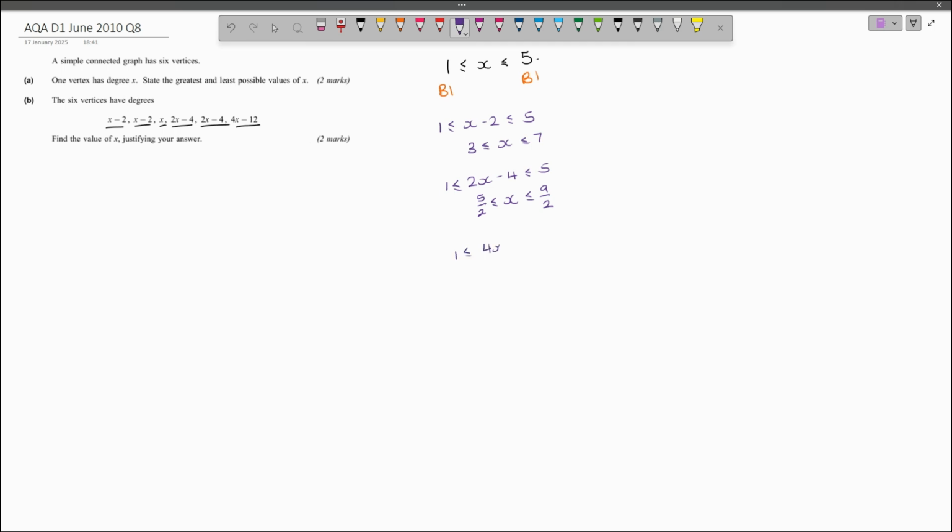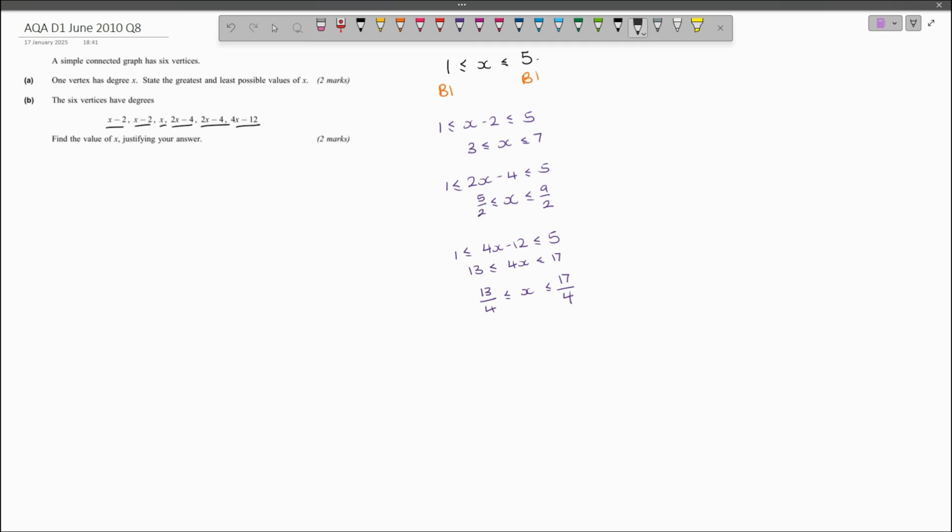If 4x subtract 12 is between 1 and 5, then we can add 12 and we're going to get 13 is smaller than or equal to 4x, smaller than or equal to 17, and we can divide by 4. x has to be at least 13 quarters, and at most 17 quarters.